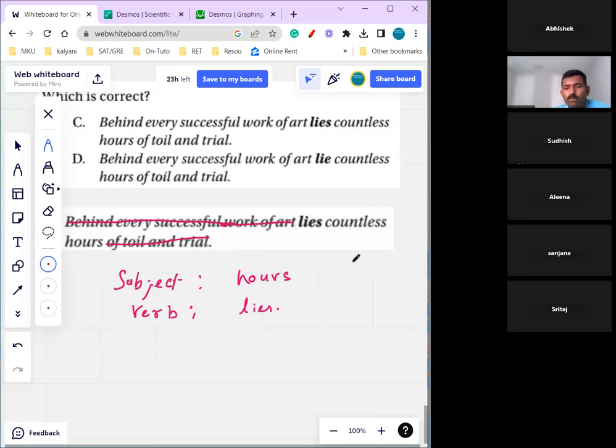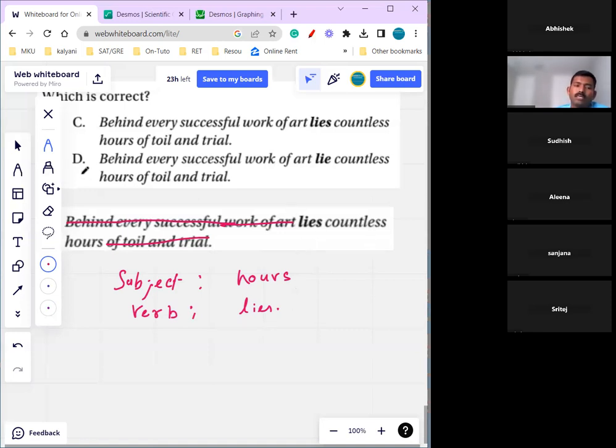When we have this, what we can do is uninvert the clause. Then we can check the subject-verb agreement: "hours lies" should be changed to "hours lie."